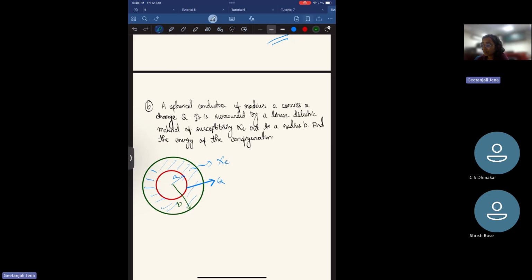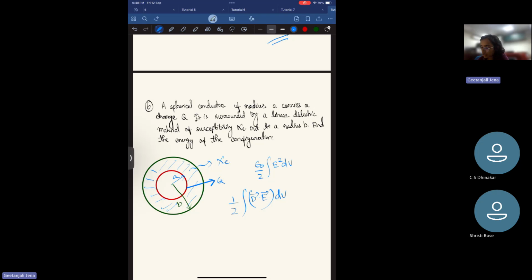So if you recall, energy is nothing but epsilon naught by 2 E squared dV. So this we have seen before. But whenever you have a dielectric, the energy of this configuration will be 1 by 2, sorry, we have to absorb the epsilon. This is D dot E dV.